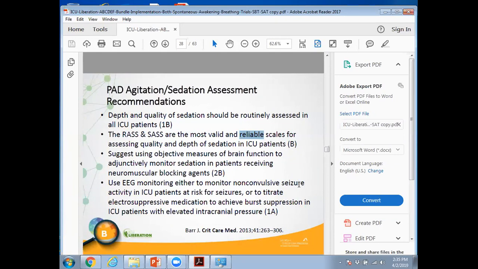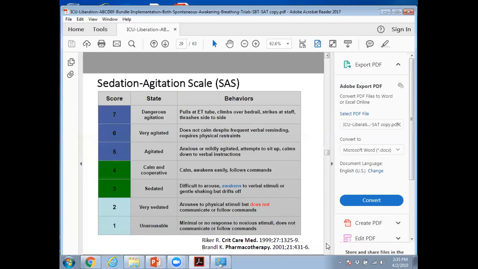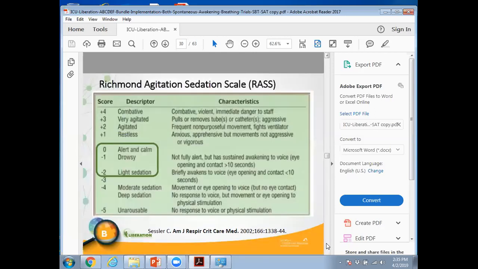GCS is for level of consciousness, necessarily meant for traumatic brain injury. People use it outside this, but it's not for sedation. The validated ways to assess it, as recommended by guidelines, are either RASS or SAS. So let's talk about RASS, because this is what we are using in the NESAM project.